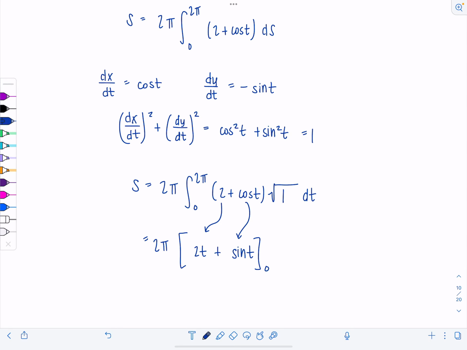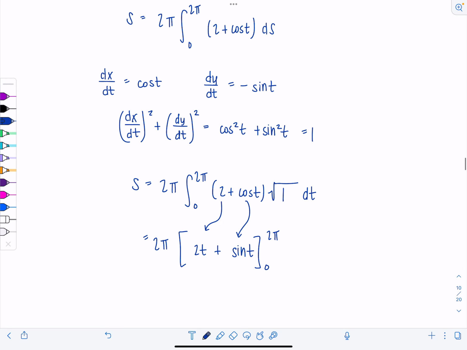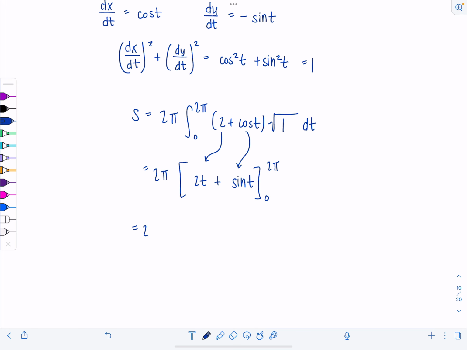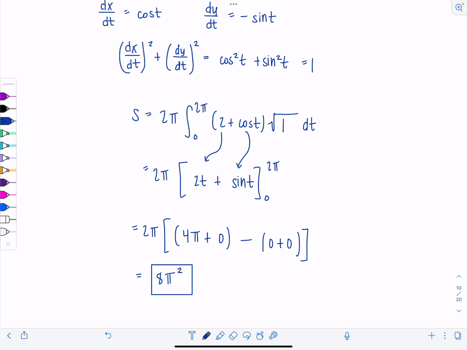Then we evaluate from 0 to 2 pi. Plugging in 2 pi, you have 4 pi plus sine of 2 pi, which is 0, minus 0 plus 0. So we just have 2 pi times 4 pi, and that's 8 pi squared. Okay, good.